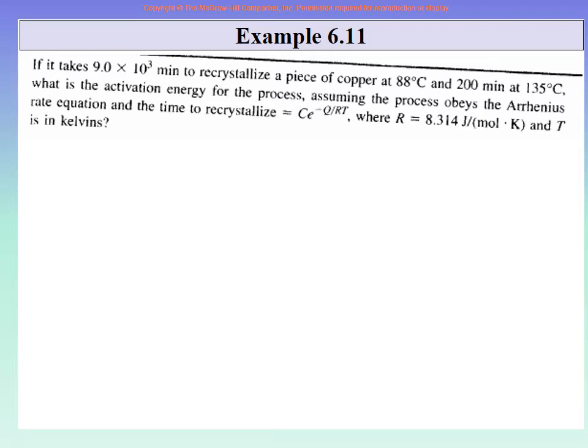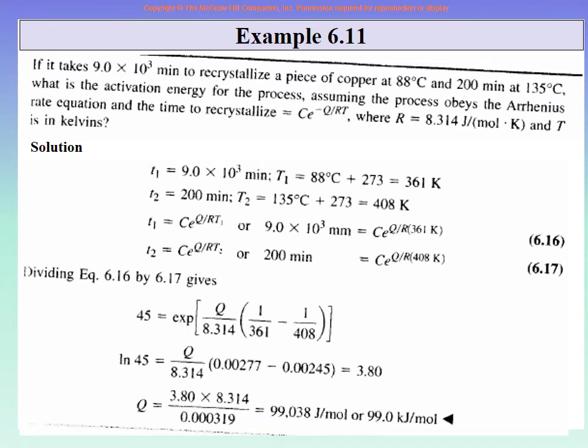Once you understand that this equation is given for the activation energy of recrystallization, I write this equation once for one time, then I write the same equation again for the second recrystallization time, and from there I solve them simultaneously and cancel out the C, and I solve only for Q, which is to be asked.